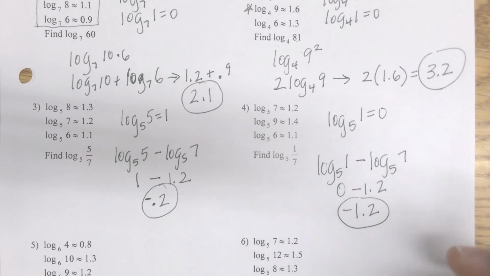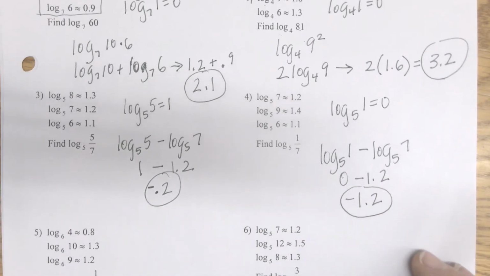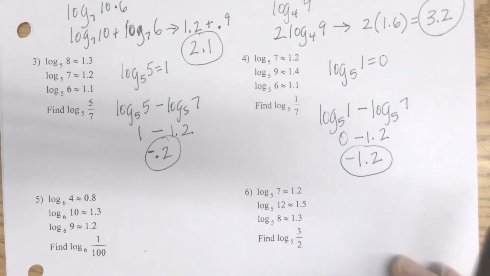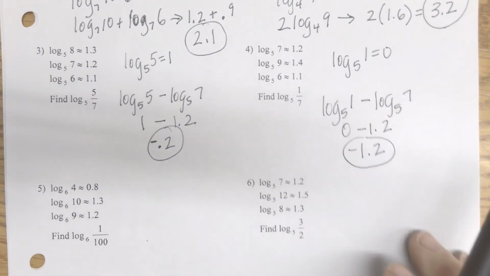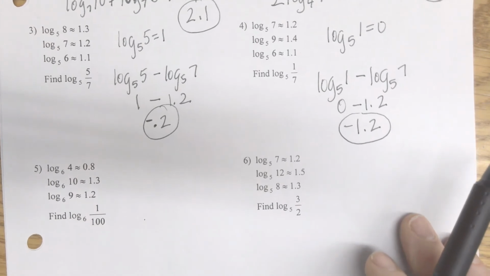Again, just using the rules, some are going to be more difficult than others. Some are going to require maybe doing a little bit of a breakdown of something, so maybe we have to think a little bit when we do this.